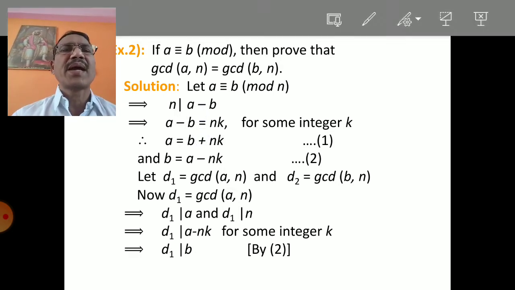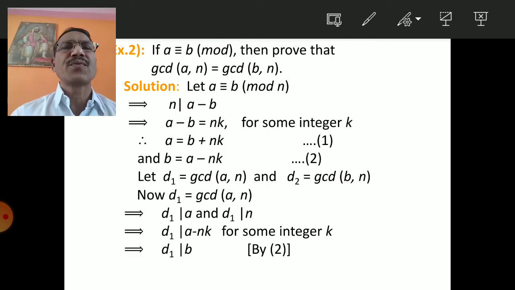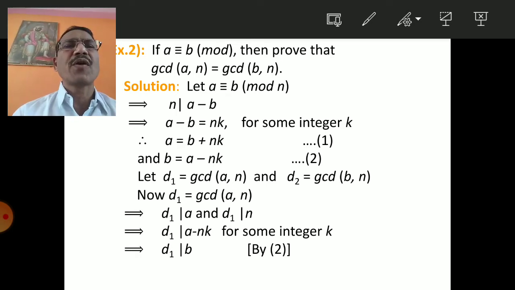This implies a minus b is equal to nk, or from this we have a is equal to b plus nk. We shall consider this as equation 1, and from this we get the value of b as a minus nk. This is equation 2.